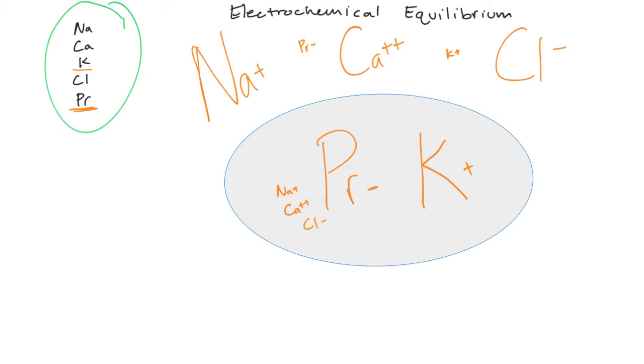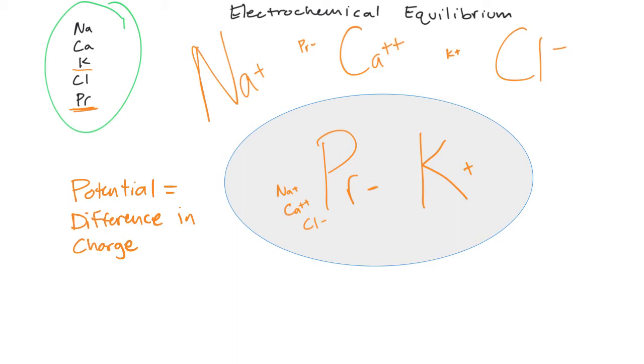And if there's a difference, that's called a potential. If there's a difference in charge inside and outside of the cell, that's what we call our potential. And that helps maintain our voltage.